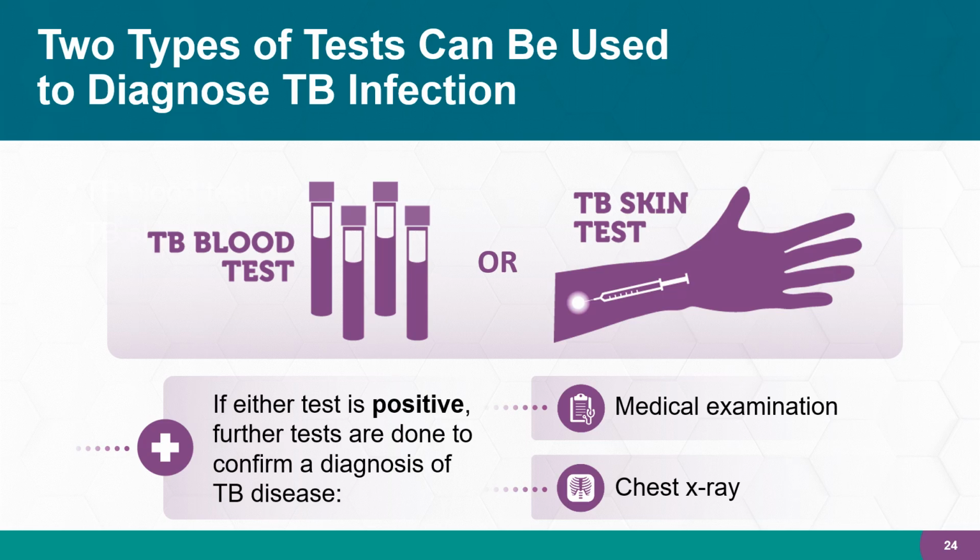A positive TB skin test or blood test only tells that a person has been infected with TB germs. It does not tell whether the person has inactive TB or has progressed to TB disease. Other tests, such as chest x-rays and a sample of sputum, are needed to see whether the person has full-blown TB disease. Generally, it is not recommended to test a person with both a skin test and a blood test.